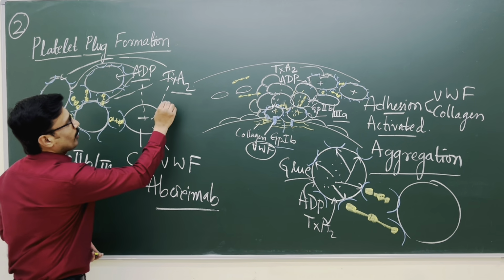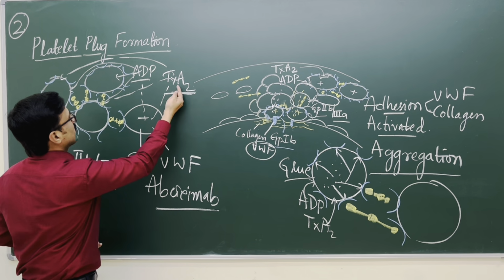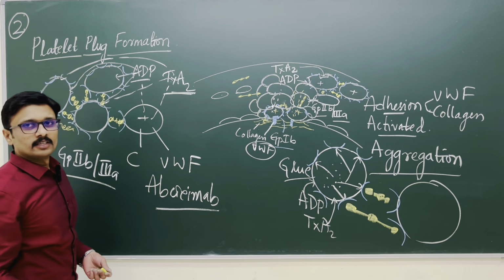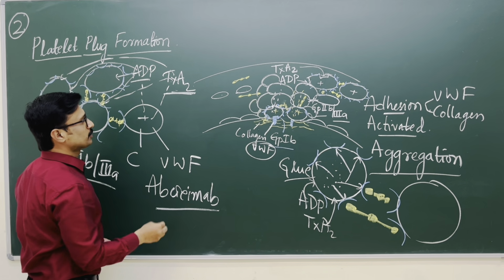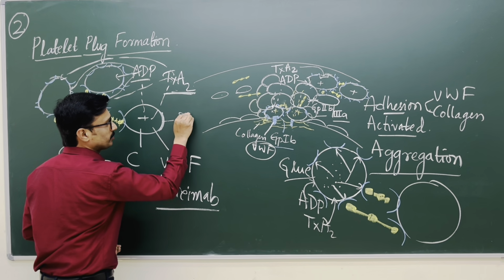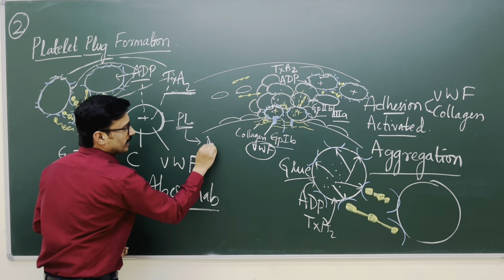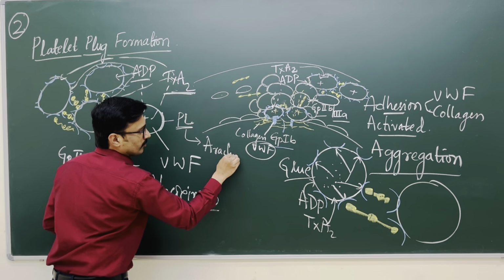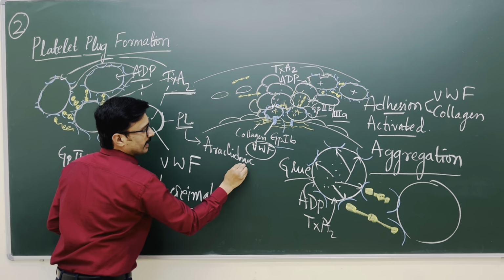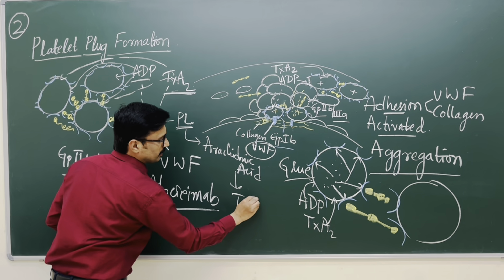and see this thromboxane A2 that is released from the activated platelet will activate the neighboring platelets. This thromboxane A2 is produced from the cell membrane phospholipids, the lipid bilayer phospholipids. Cell membrane phospholipids will break down to form arachidonic acid, and from arachidonic acid the thromboxane A2 is formed.